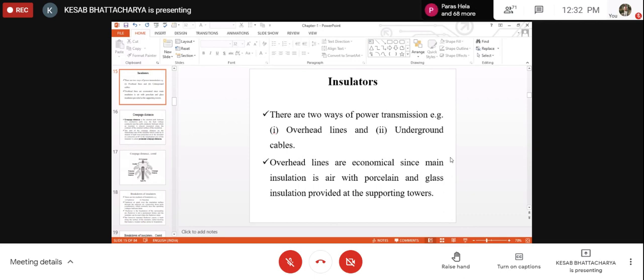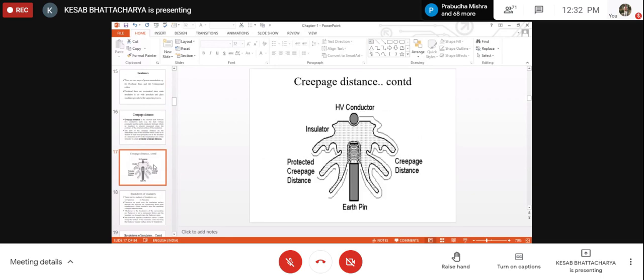Cables we shall take up in a separate chapter. Now, let us go to the next slide, which gives you the diagram of a particular type of insulator, which is called the pin type insulator, or pin insulator.